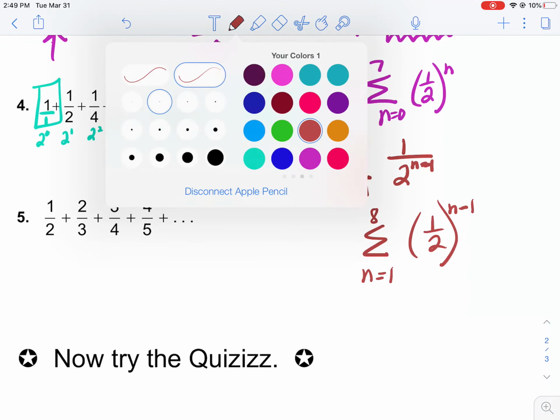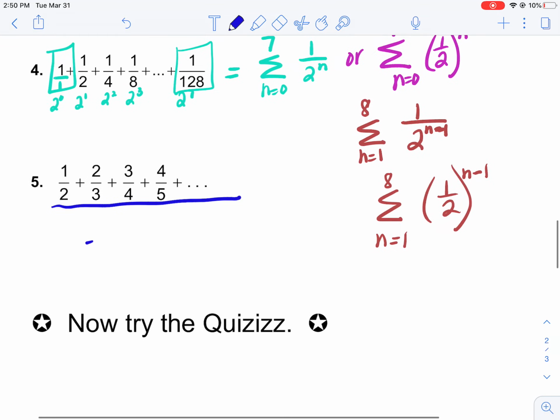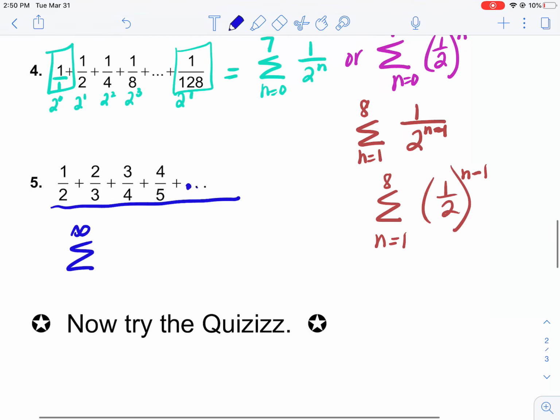And now here's the last one. So this last one, we're asked to take the sum of this infinite series right here. So the first thing we're going to do is sigma notation. I know that I'm going to take the sum all the way up until infinity because we have these 3 dots right here.